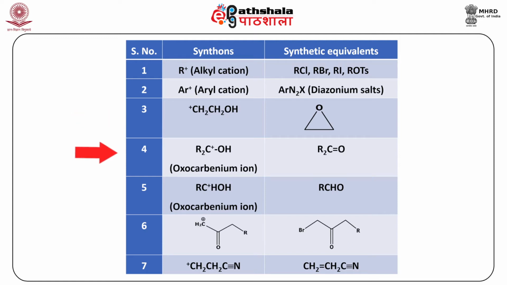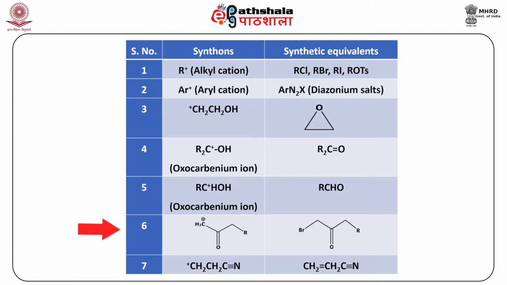Moving to the next, where this is another carbocation directly attached to OH, then this can be generated from the corresponding carbonyl. If you have both R here, the parent synthetic equivalent will be a ketone, but if it is one R and one H along with OH and the positive charge on the carbon, then it can be generated from the aldehyde.